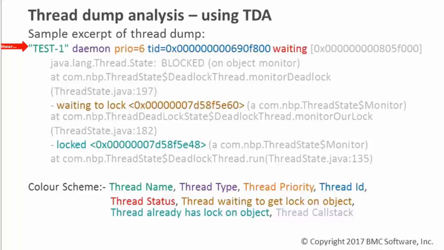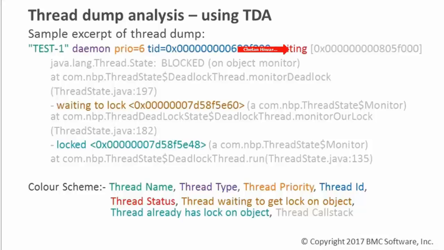In green, this mentions the name of the thread. Then in purple is the thread type, and in orange is the priority. Then the thread ID and thread status.